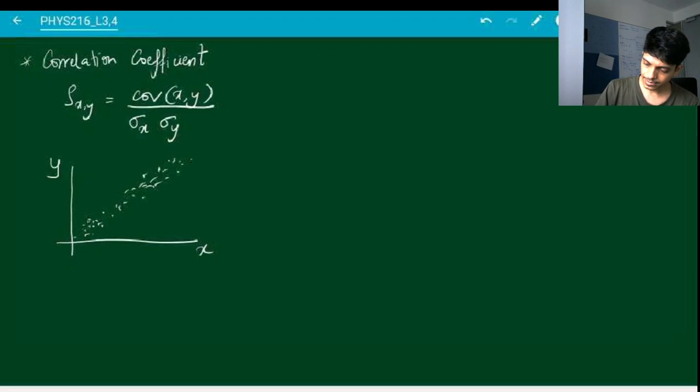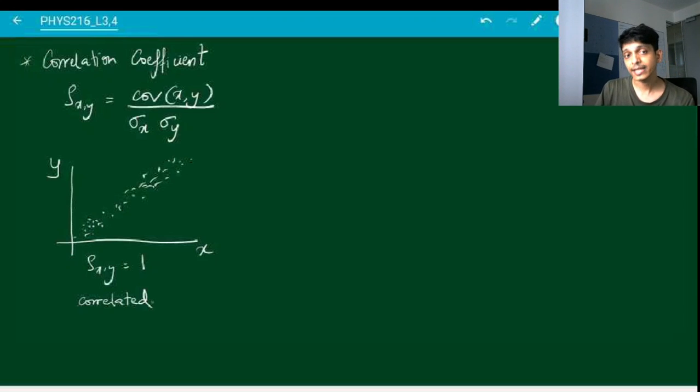So in this case, your correlation coefficient will turn out to be positive, in fact close to 1. And then we say that x and y are correlated, because when x increases, y also increases.